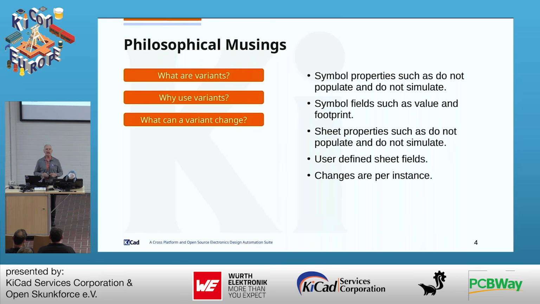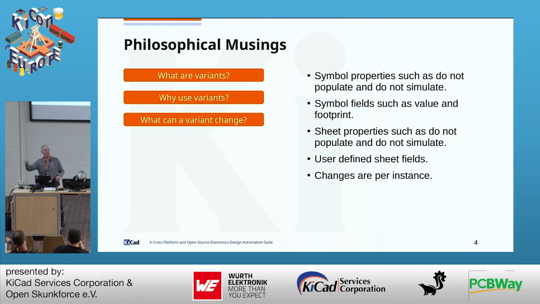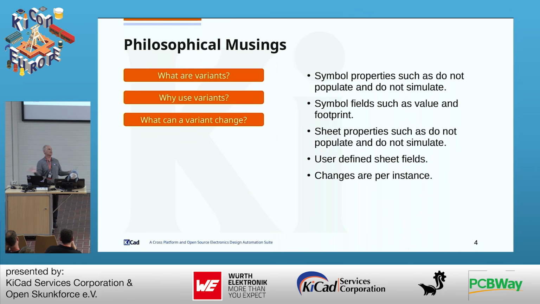So in KiCad, an instance, you've seen them. When you look at the hierarchical view, it's the tree that shows all your sheets in a hierarchical view. If you see those paths that look like /sheet name, /sheet name, /sheet name, those are instances, right? Why do we have them?